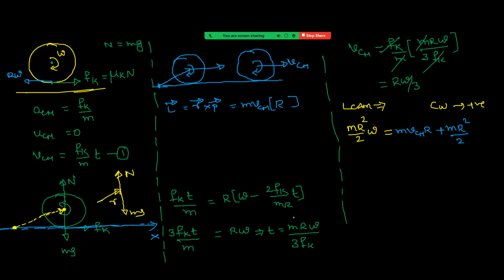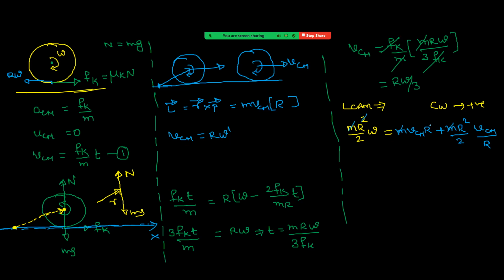Omega how much? So we have taken v equal to r omega. We have taken VCM equal to R omega dash when it starts rolling without slipping. So in place of omega dash, I can write VCM by R. So I omega dash is VCM by R. So angular momentum finally, throughout we can cancel mass.